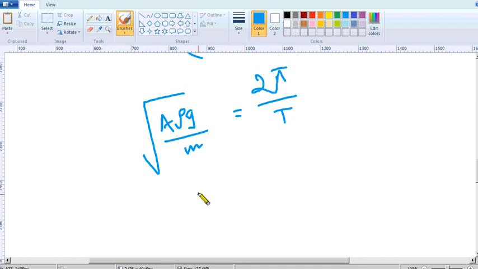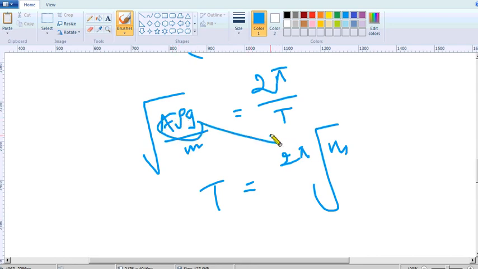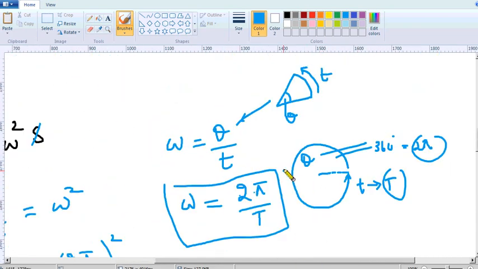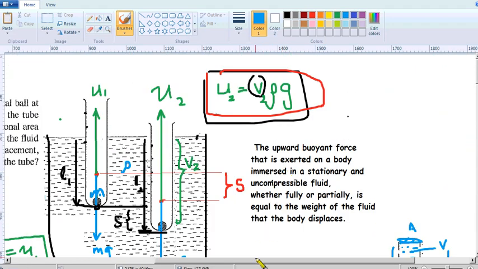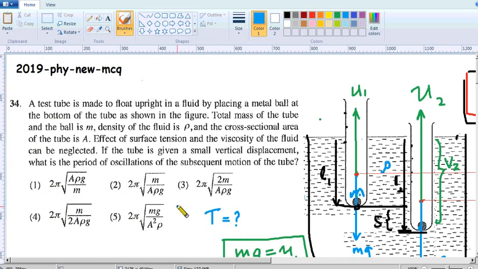Then what they want us to find is T. So T goes this way, equals 2 pi root m divided by a rho g. The answer is 2 pi root of m divided by a rho g, this one. So the second one is the answer for this question.